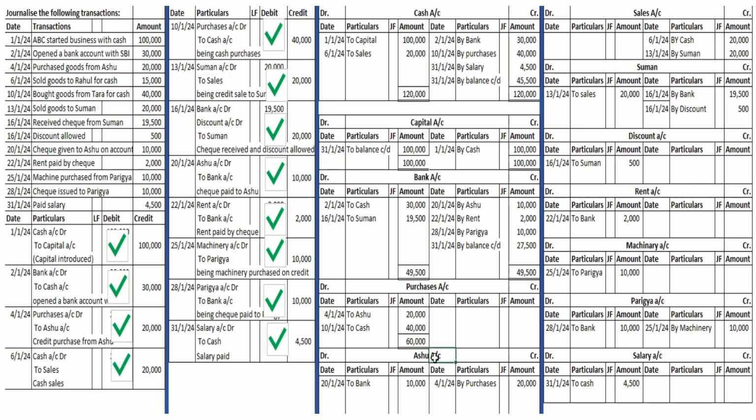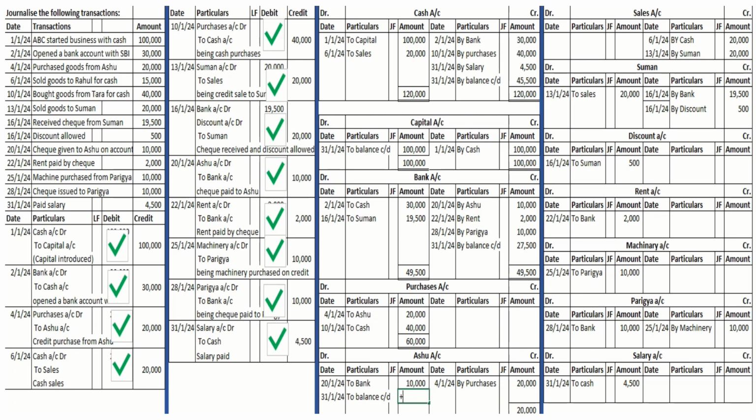Again, Ashu's account, it may be an asset or liability. Here, by way of purchase, 20,000 we need to pay, but we paid only 10,000. This is a liability for the company, so we need to make a balance. This is the higher side, 20,000, here 10,000. We will be making a total here, and on the last day, balance carried down.